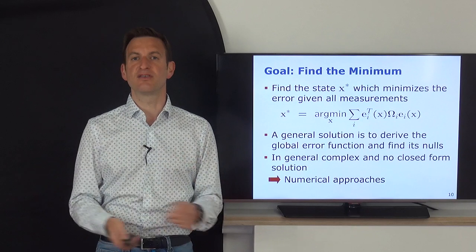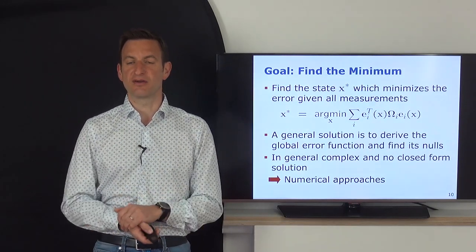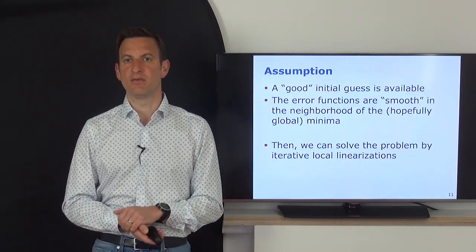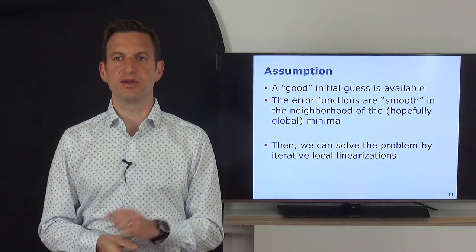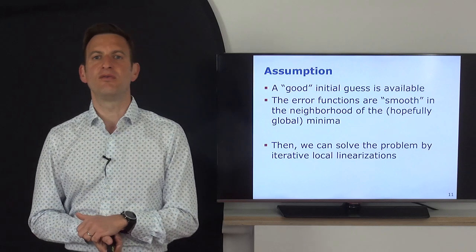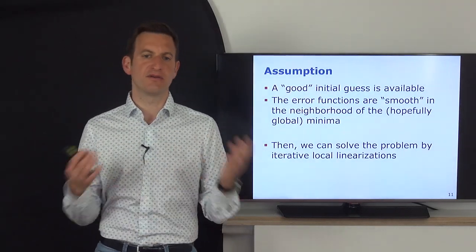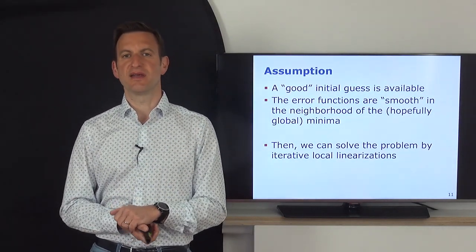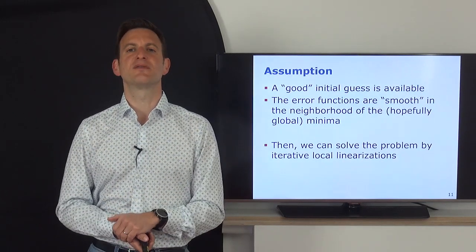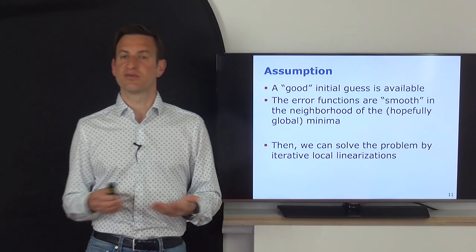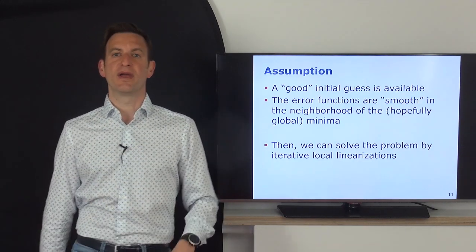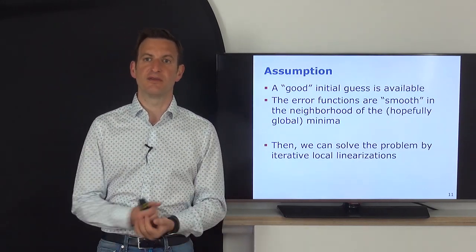And so we need iterative approaches, but still it's not guaranteed that we actually find the minimum all the time. What we typically need is a good initial guess, so we need a good initial value for our x. If we are very far away from the solution initially, then in most cases we will not find a reasonable solution, at least for most realistic real-world problems where these functions are often nonlinear.